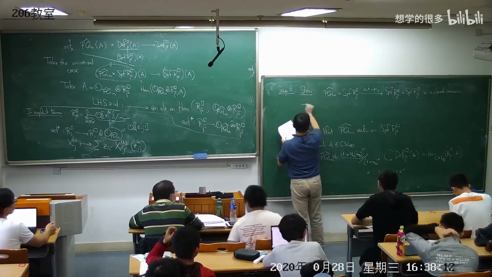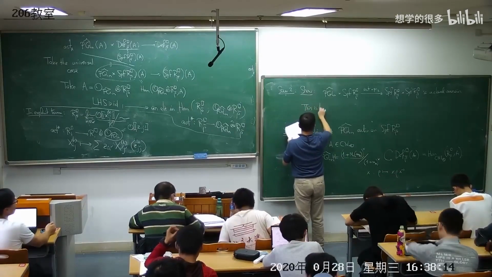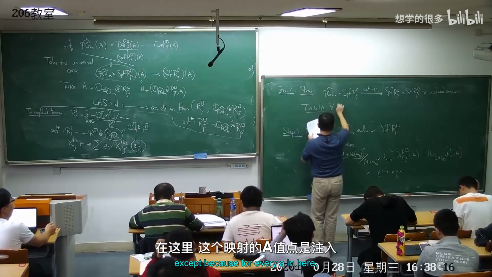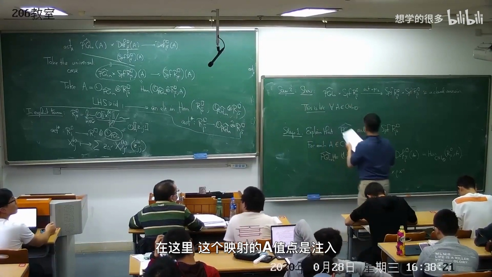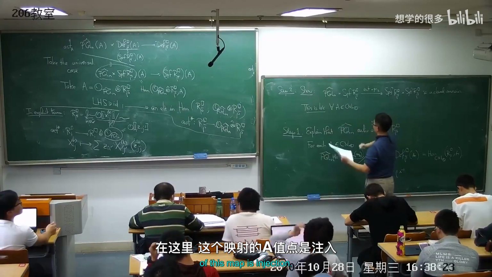This is because, essentially, for every A in here, the A-valued point of this map is injective.